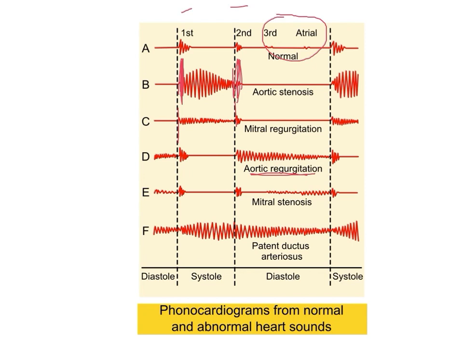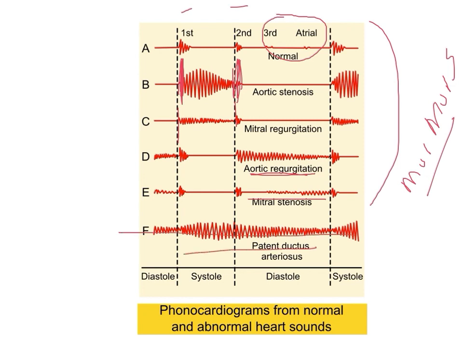Mitral stenosis is when we hear a sound associated with blood going through the mitral valve. So these are pretty standard sounds. All of these sounds here would be called murmurs. Do not worry about this last example.